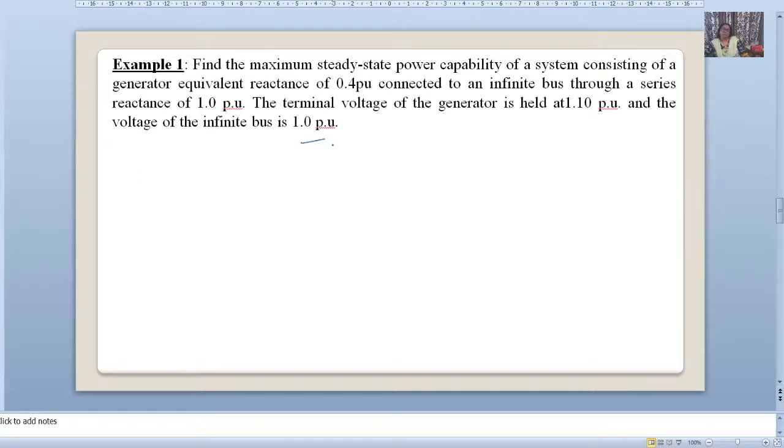The generator reactance is given as 0.4, the series reactance X is 1, the terminal voltage is 1.1, and the infinite bus is 1 per unit.